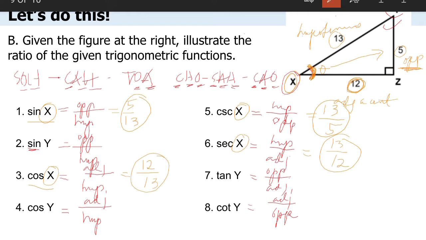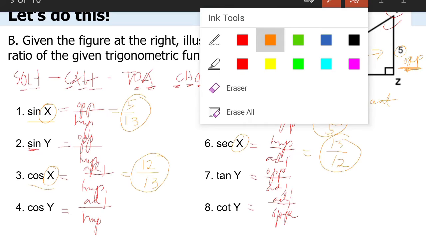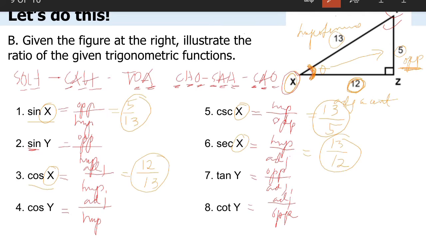Now, how will we illustrate the ratio given the trigonometric function with the reference angle of angle y? Next we will illustrate the trigonometric ratio if the reference angle is y.